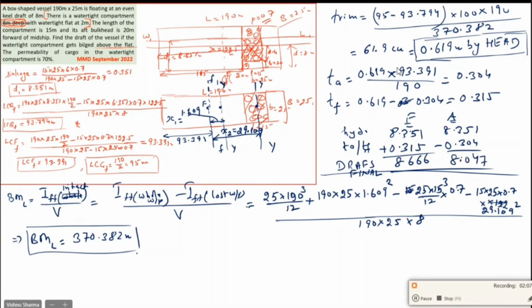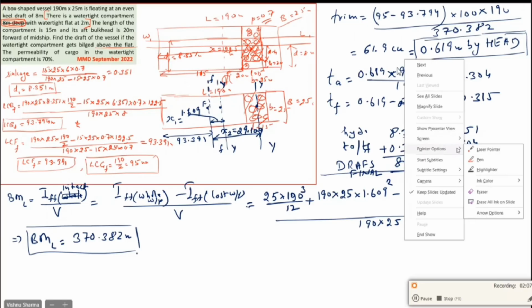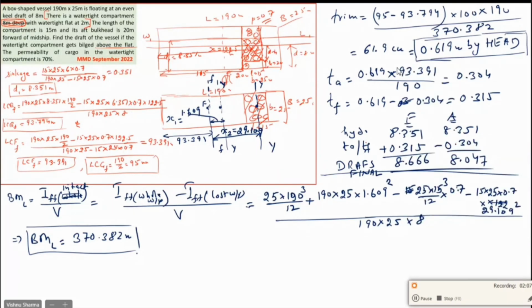Guys, 8.666 and 8.047. Yes, sir. Correct, sir. Yeah, those are the answers. So those of you who have got, you can assume that you are reasonably in control with the bilging part. Here is the calculation of the final draft test.